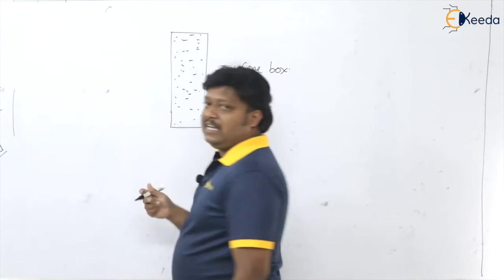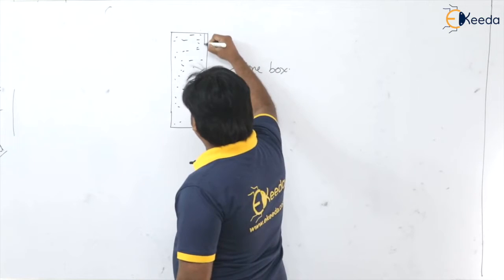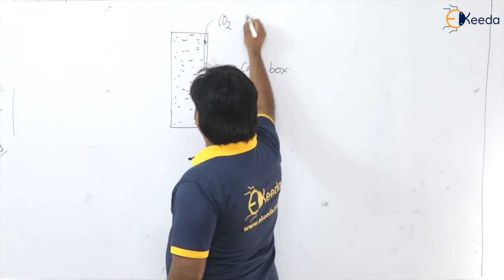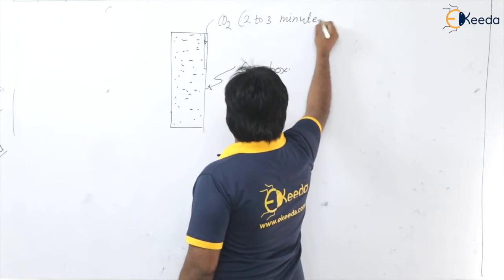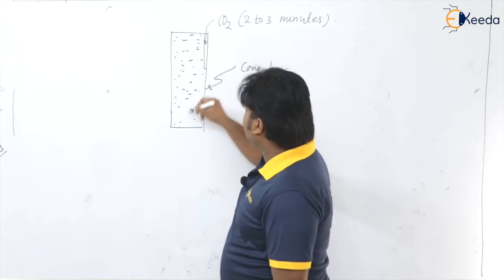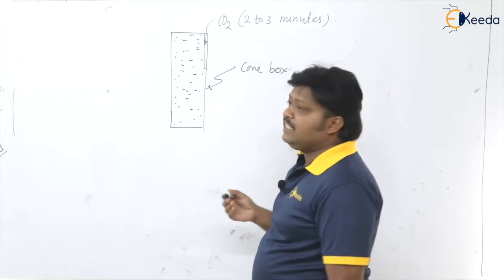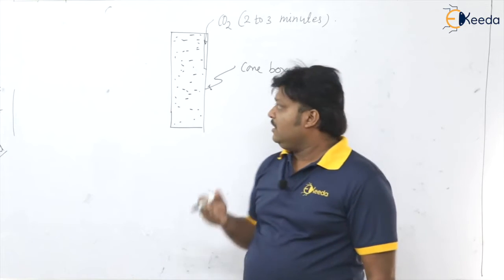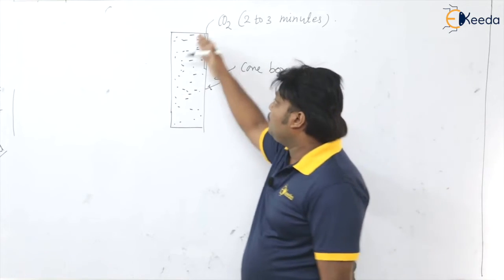Based upon the sizes, we have various sizes of core boxes, and in that we provide carbon dioxide for 2 to 3 minutes. When we pass carbon dioxide through the dry sand for 2 to 3 minutes, we get a colloidal solution, also called silica gel, which gives the required strength to this particular core.